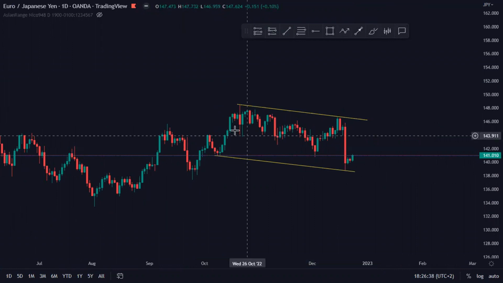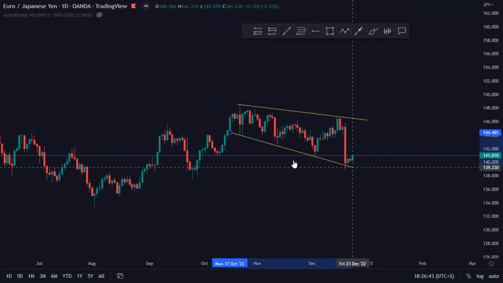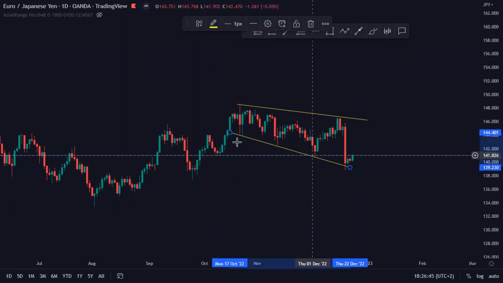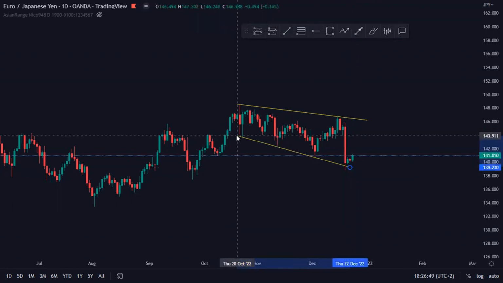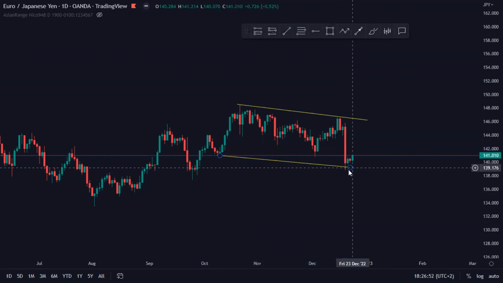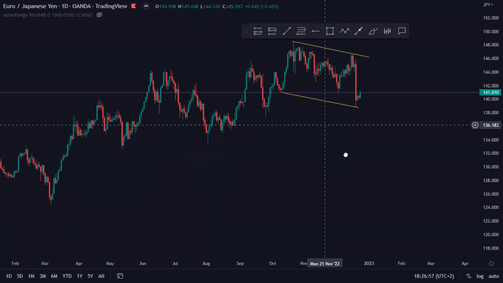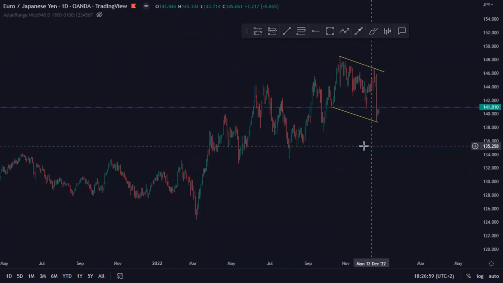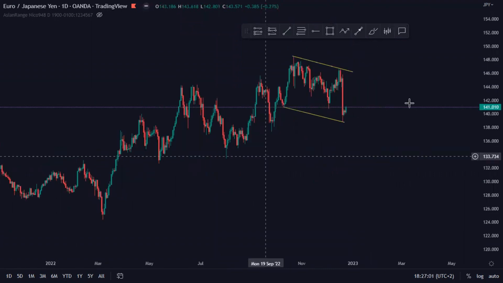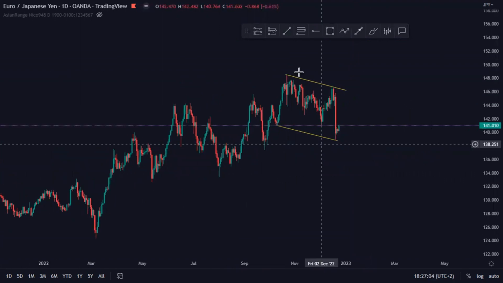It's a flag, or if you want you can take it in from here, where simply price was first, second, and then third touch here, as you can see. But I'll have it more clean, so I'll just put it there, and then as you can see we now have just a continuation pattern to the upside.